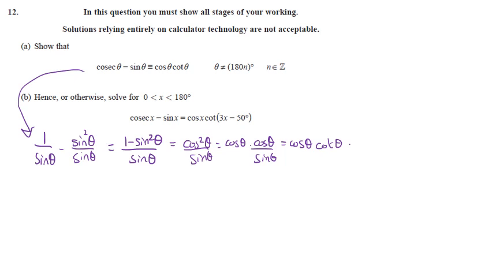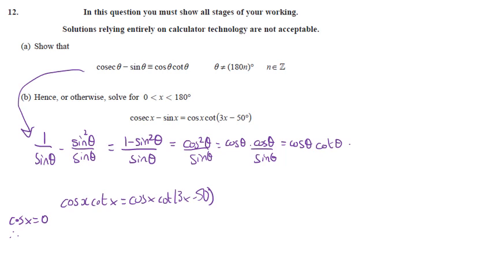Part B, hence or otherwise, solve that. So what we can say then is that if we use the identity in there, we can say that cos x times cot x is equal to cos x cot (3x minus 50 degrees). So first of all, one solution to that is if cos x is equal to 0.